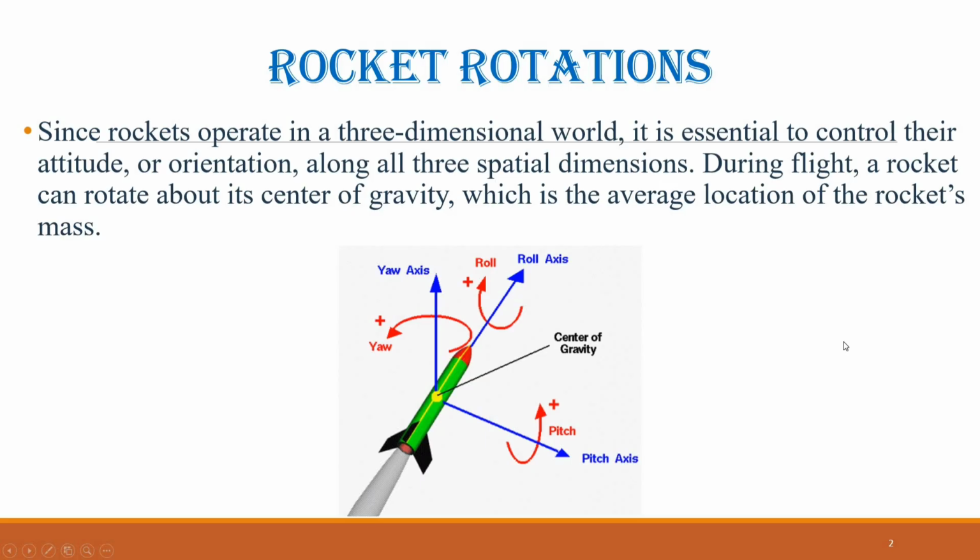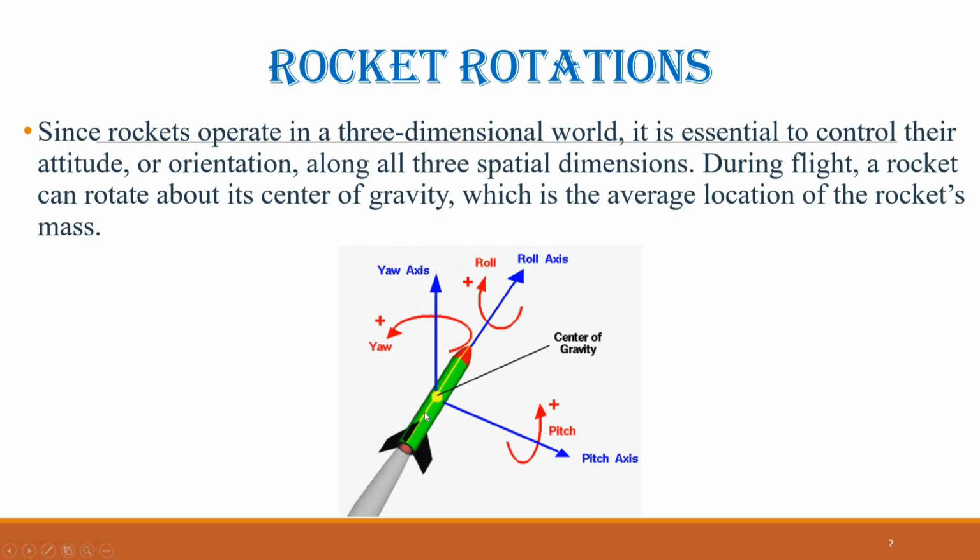Rocket rotations. Since rockets operate in a three-dimensional world, it is essential to control their attitude or orientation along all three spatial dimensions. During flight, a rocket can rotate about its center of gravity, which is the average location of the rocket's mass.